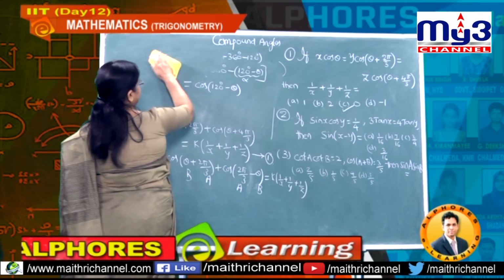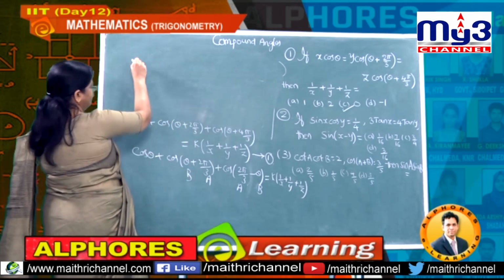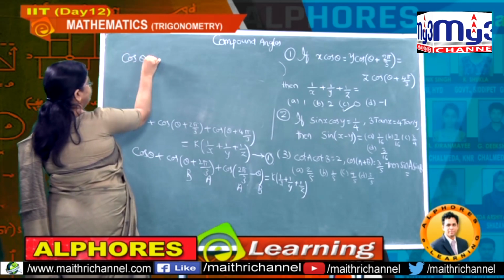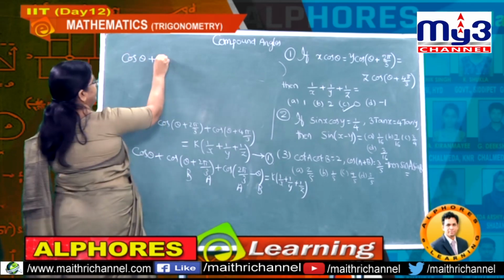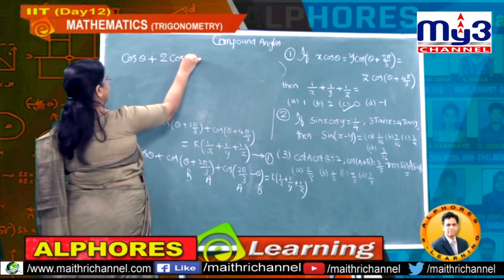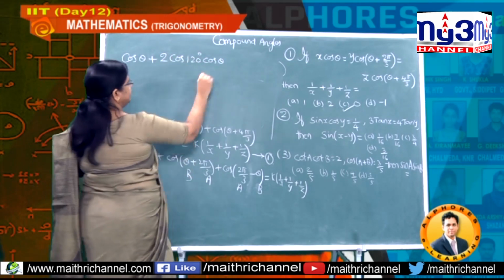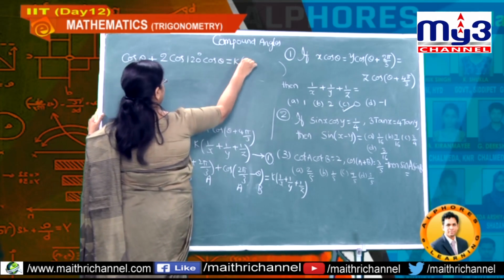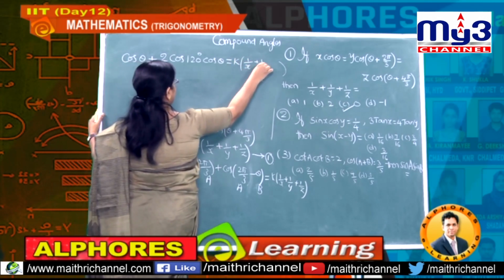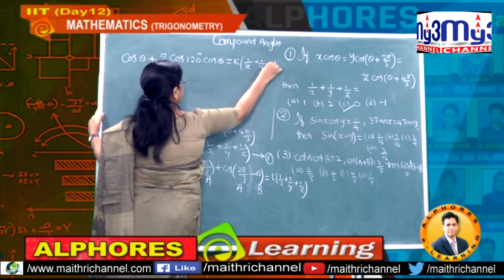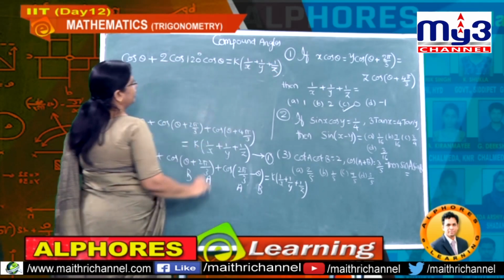So I am substituting that value here. First value as it is, no change, cos theta. Now let us substitute 2 cos 120 degrees into cos theta, and what is the RHS you are having? K times 1 by x plus 1 by y plus 1 by z.